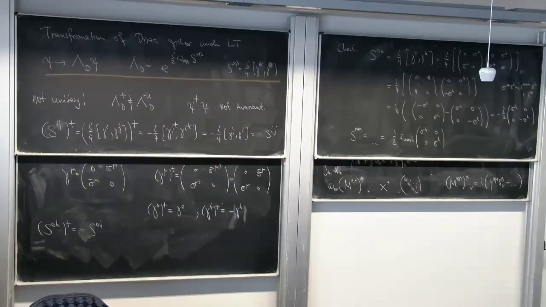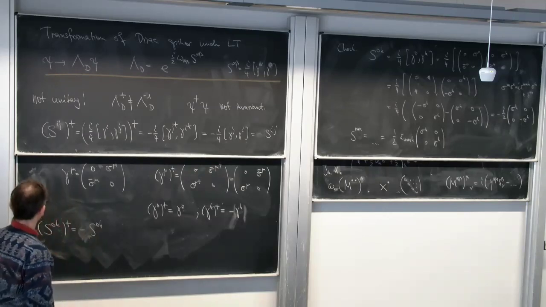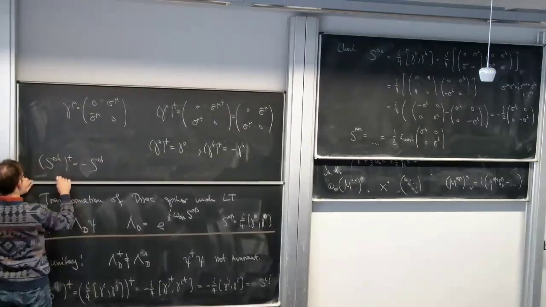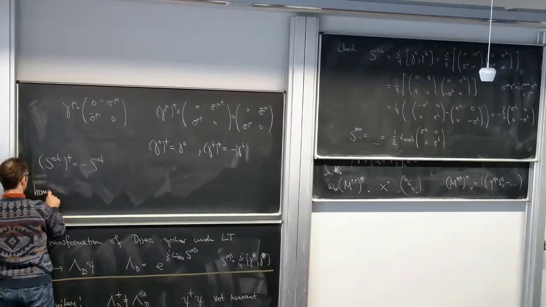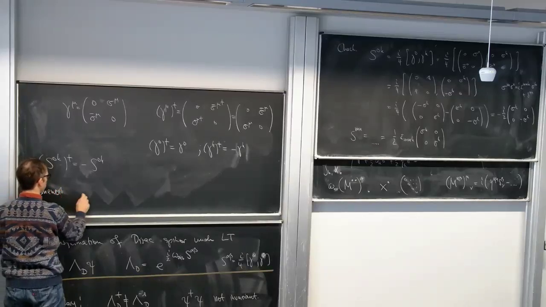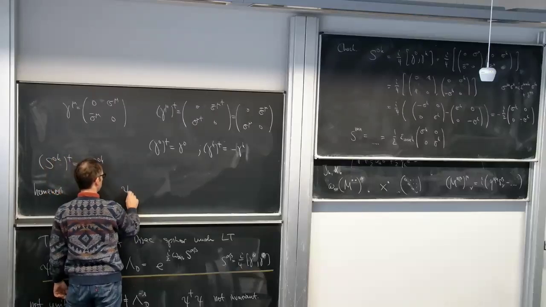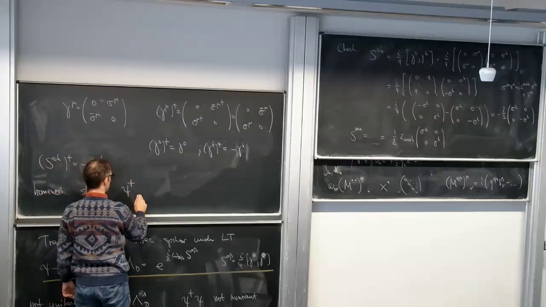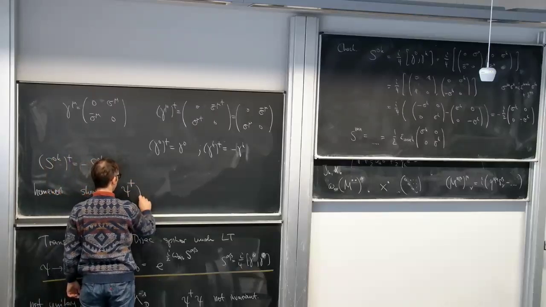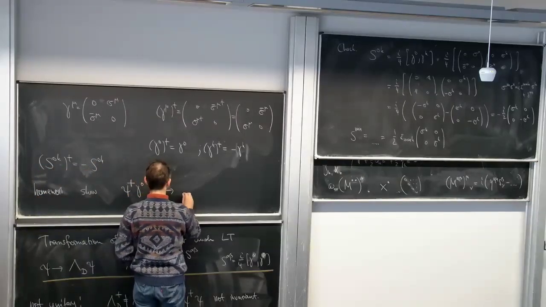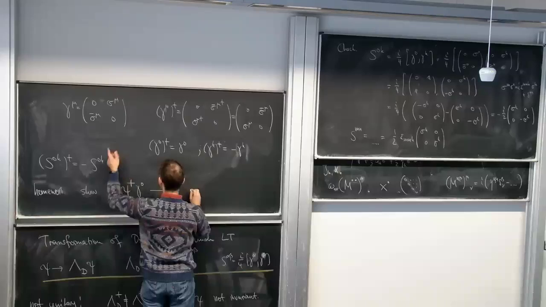And your homework is to show something. In your homework, you just use the result to show that the dagger with a gamma 0 transforms as the inverse.